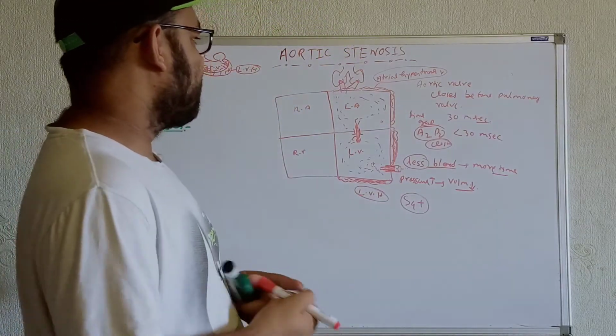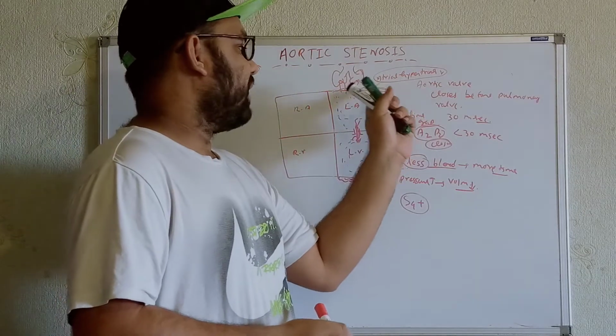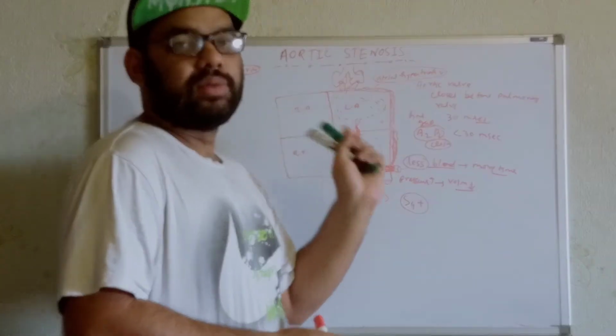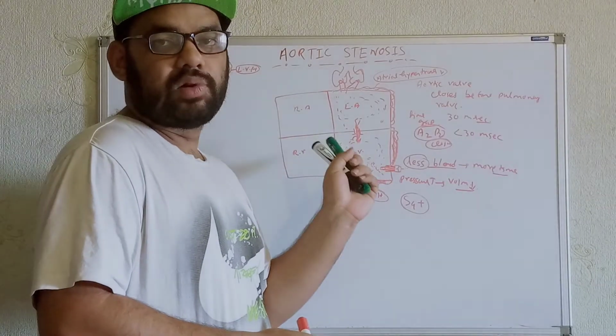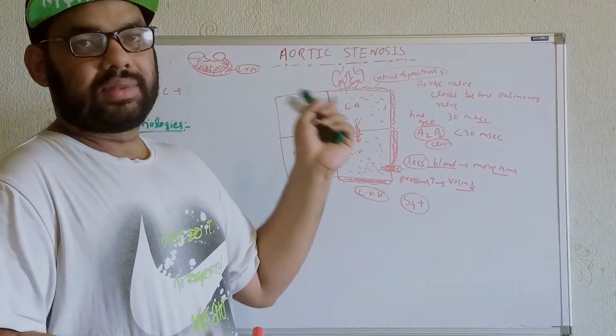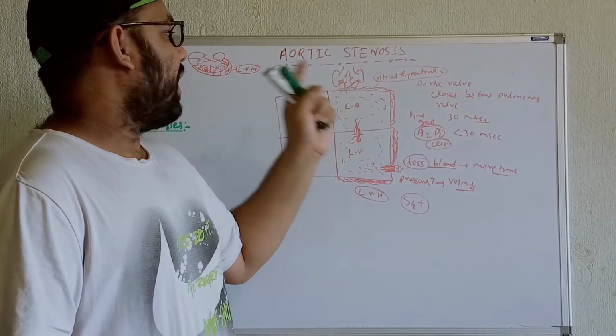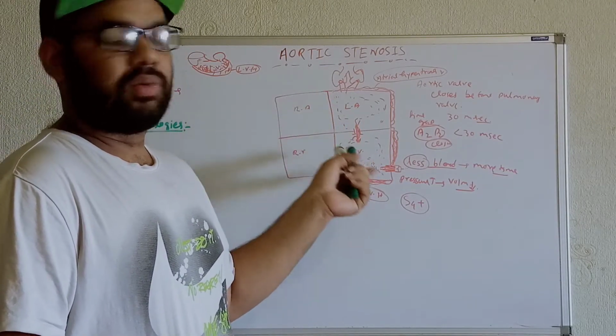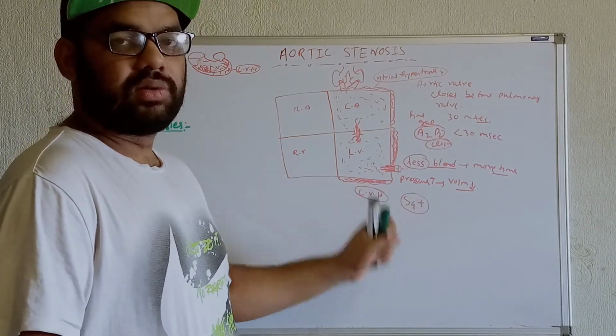Try to understand, the hypertrophic atrium just sends the blood from the atrium to the ventricle, and at that time the ventricle is also hypertrophic. So whenever the blood comes from the hypertrophic atrium to the hypertrophic ventricle, as a result we can see what? The presence of the S4 heart sound over here.